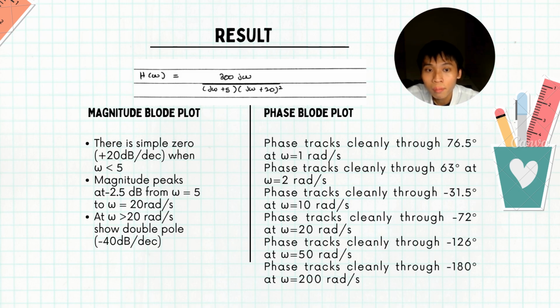For the phase plot, we track the asymptotic phase at the key omega checkpoints, starting from 76.5 degrees at omega 1 radian per second, 63 degrees at omega 2 radians per second, negative 31.5 degrees at omega 10 radians per second, negative 72 degrees at omega 20 radians per second.